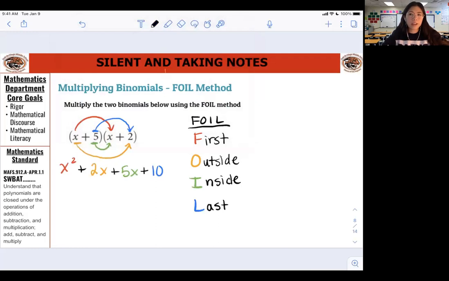Are there any like terms? Yeah, 2x and 5x. Those are like terms. So I got to combine them, put them together. 7x. So total, I got x squared plus 7x plus 10.